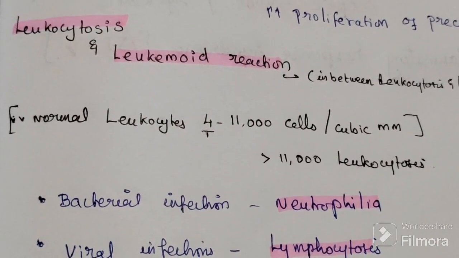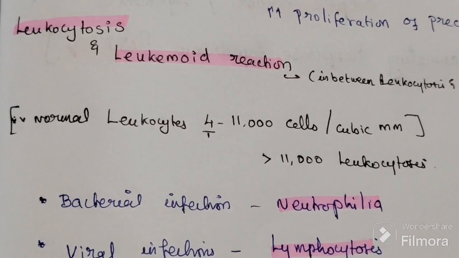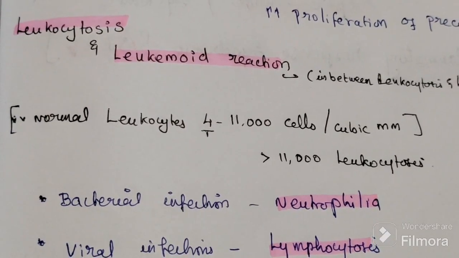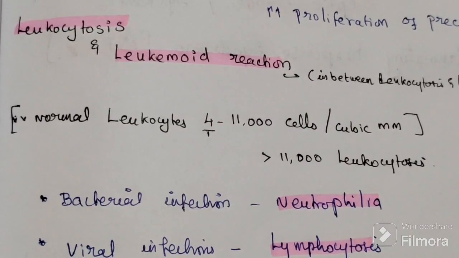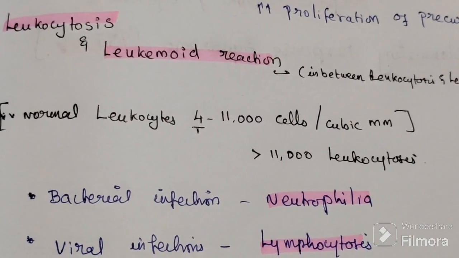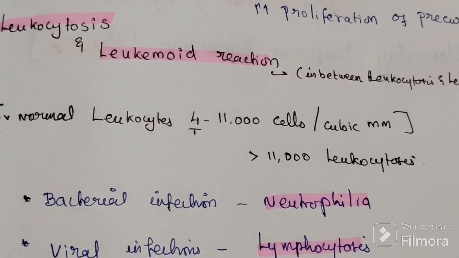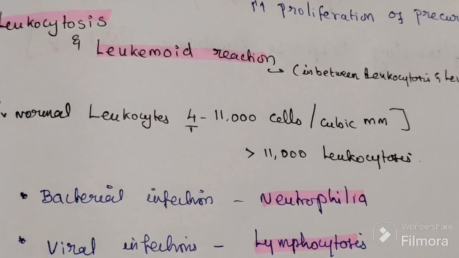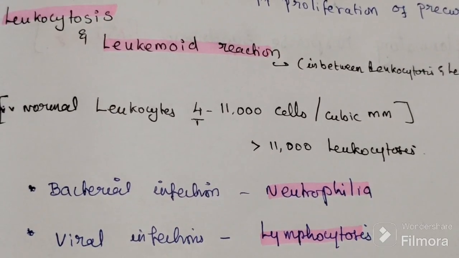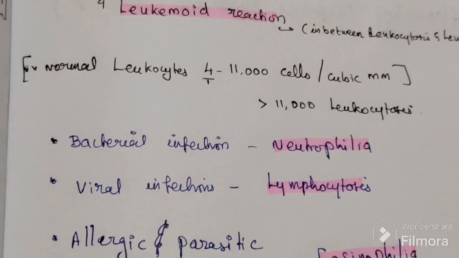So here the count will be around 50,000 to 1 lakh cells per cubic mm. It is in between leukocytosis and leukemia.